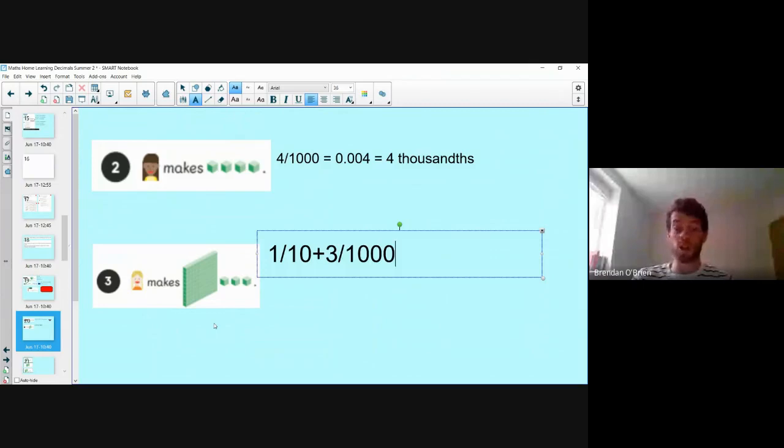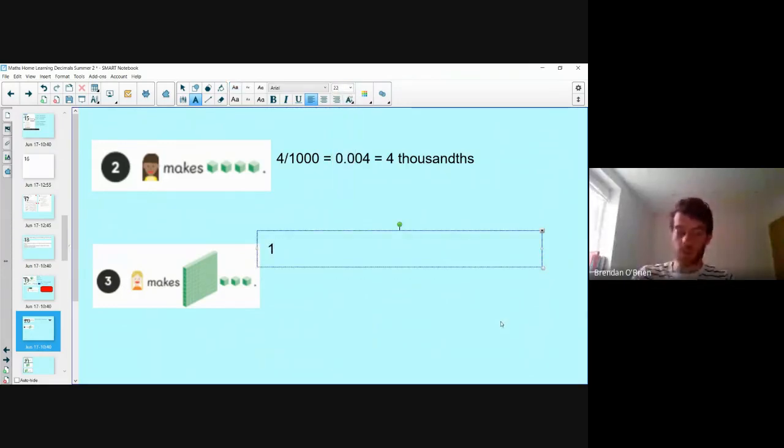I don't want to do that today because I think we can already work that one out. If we want to look at it as a fraction, I think we can do that one in our heads. We can just write 1 because we've got 1/10, 0 because we've got no hundredths, 3 because we've got 3 thousandths, and there we go, 103 thousandths.